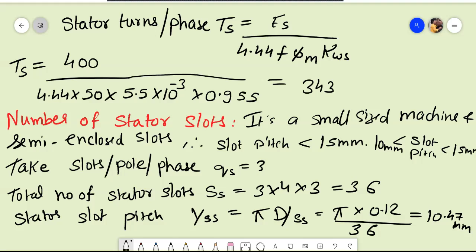Okay, so we have just calculated the number of stator slots, and we also got our stator slot pitch, which is 10.47 millimeter, right? So now we need to find the total number of stator conductors.